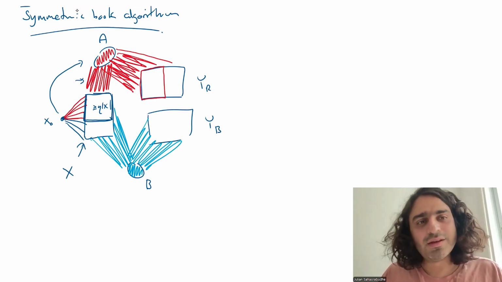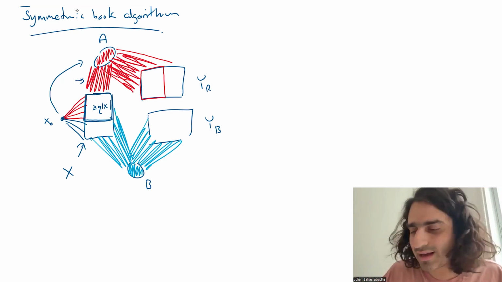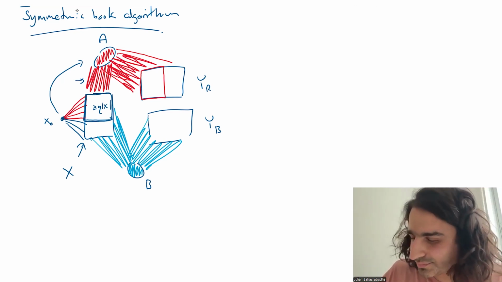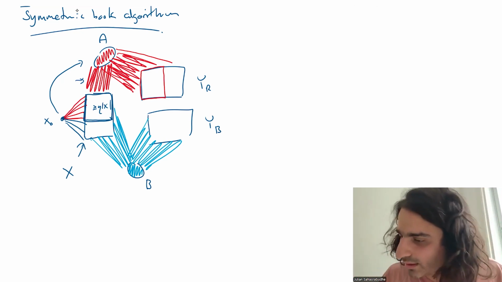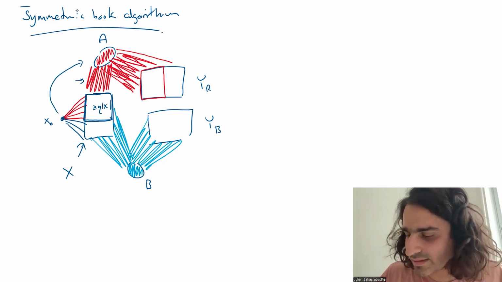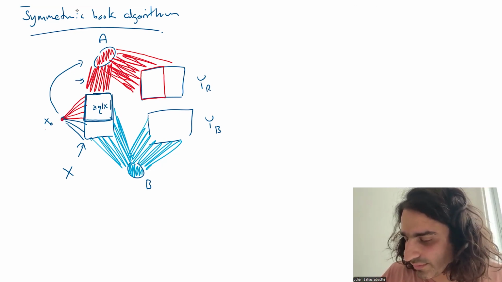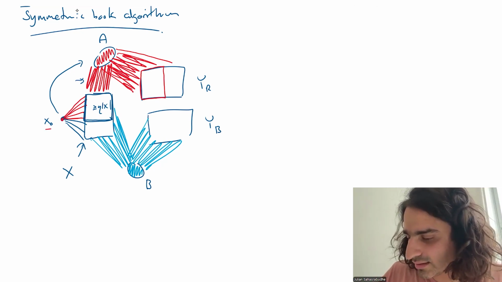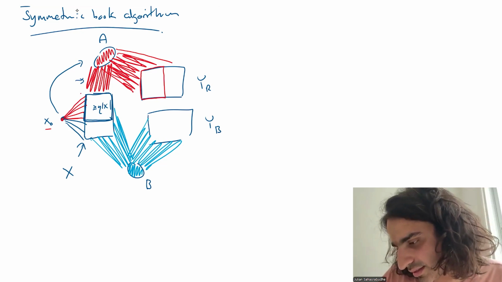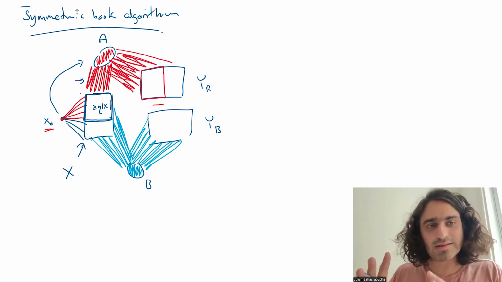This is sort of fine, and basically all I need is that the degree of x naught is nice. So I just need that this degree from x naught here is sufficiently large.